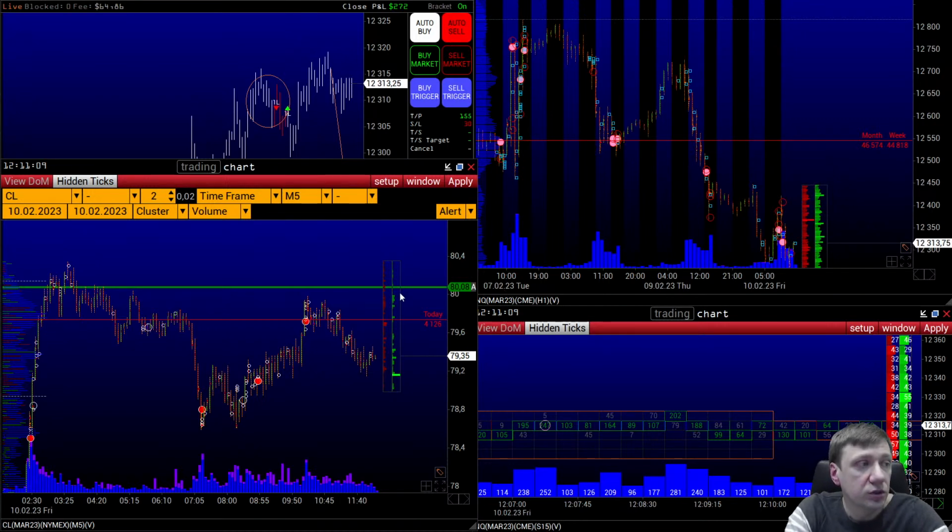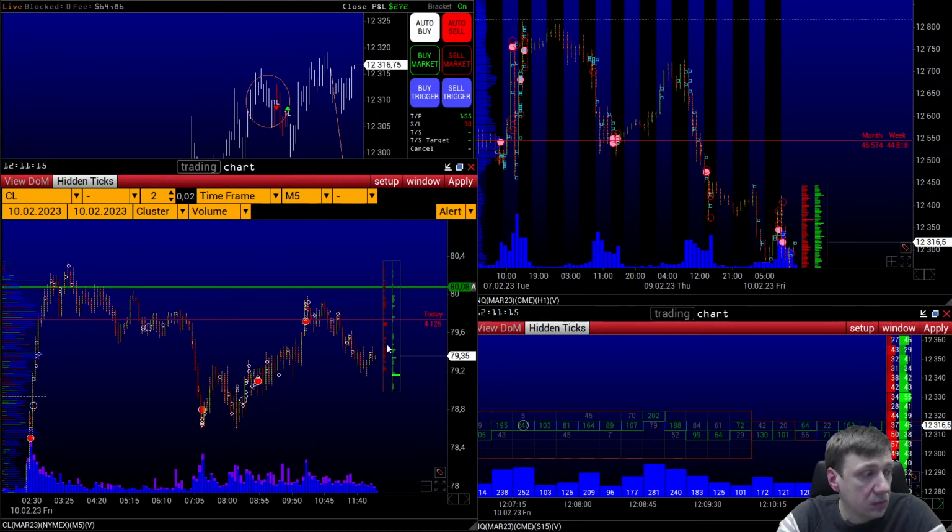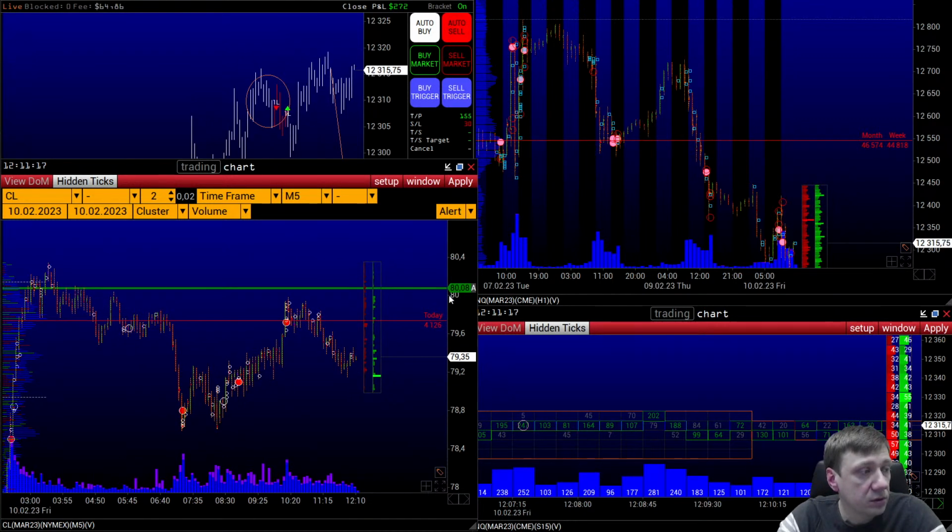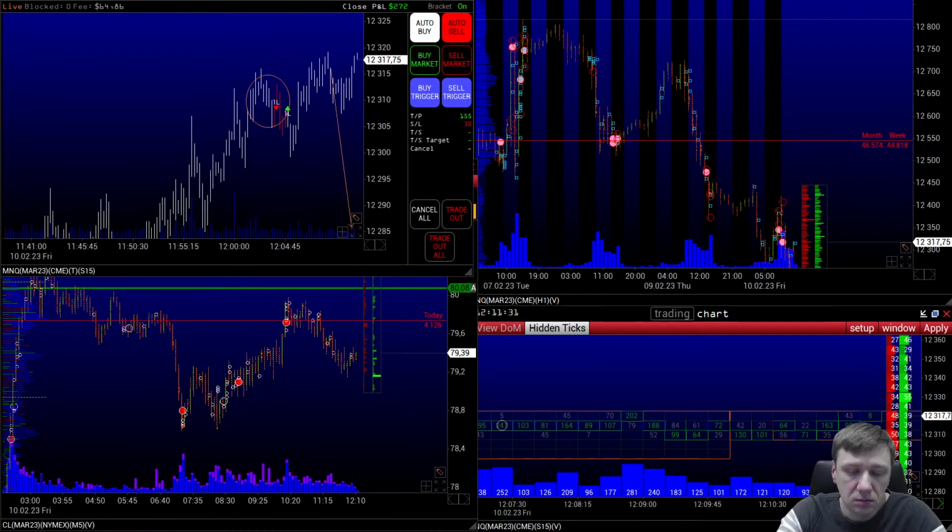So when price reaches that level, we can open a trade. And actually we can also use a limit order there, because it's like 70 ticks from the current price. It's a good distance. So I will place my limit order.